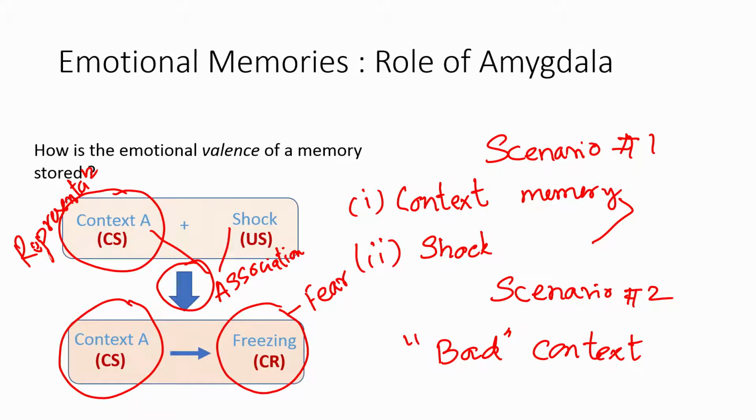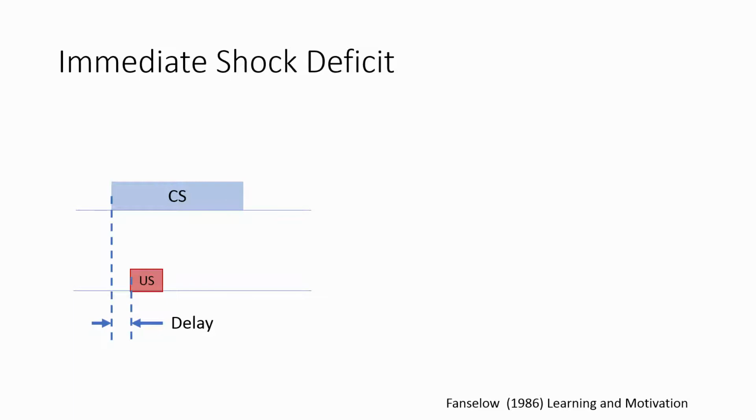Let us look at contextual fear conditioning itself. What is contextual fear conditioning? We are going to take an animal and place it in a context. Now, the context here acts as a CS.